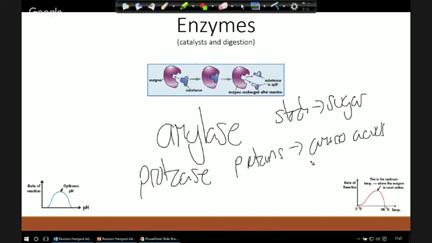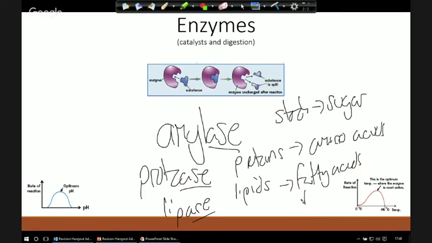And these are found in the stomach and the pancreas and the small intestine again. And finally, we have lipase. You'll notice they've all ended in A's. And lipase breaks our lipids, which are our fats, into fatty acids and glycerol. And these are found in the small intestine and the pancreas.